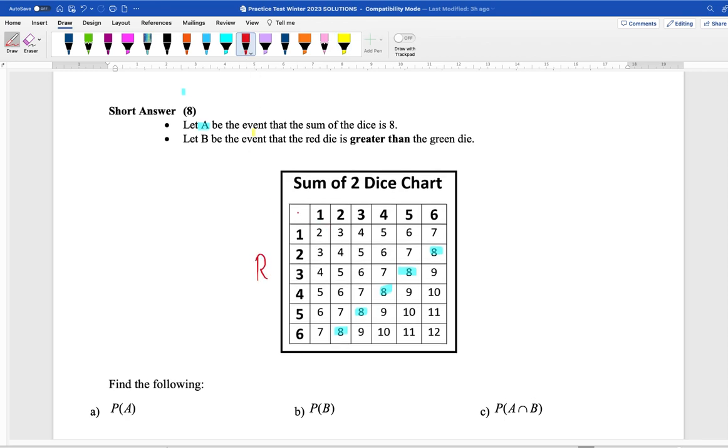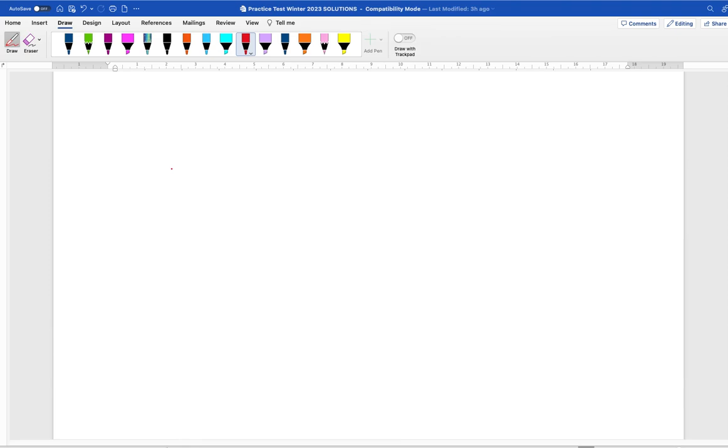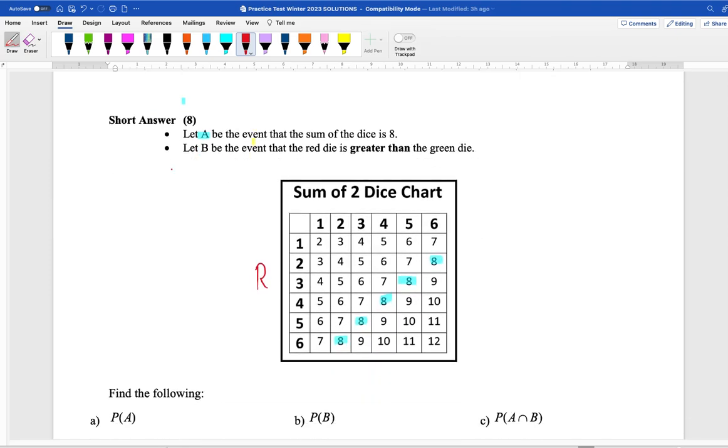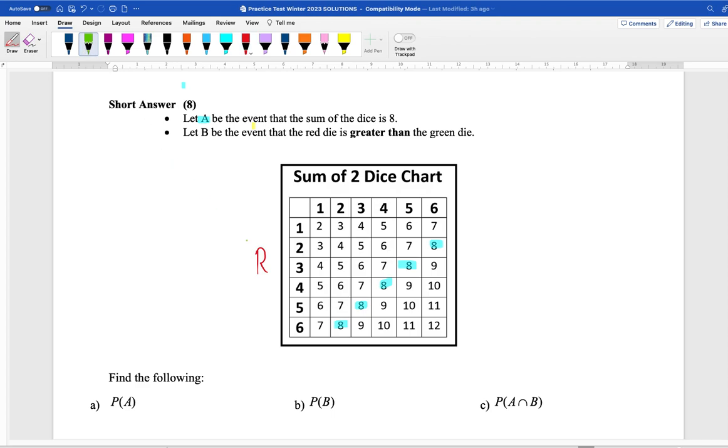That's red. Make sure that's in the question. And this is green. Oh, you cannot see that green. Let's make it that green. That's green down there. Okay, the red die is greater than the green die. So for this one, this is green up here.